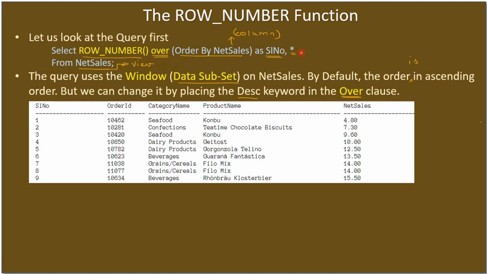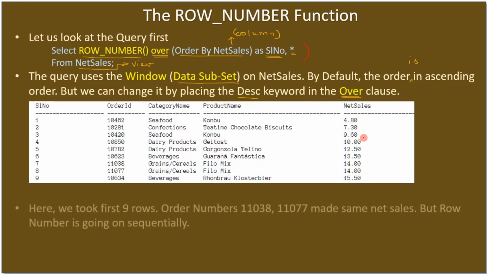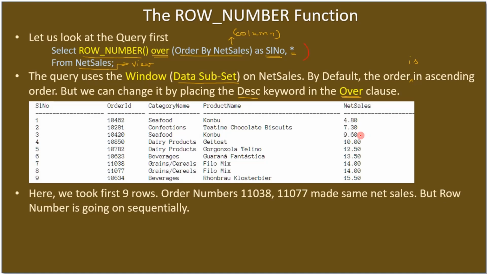Executing the above query will produce the result as shown here. The screenshot shows you the first 9 records. Order number 11038 is one order number, we take it for example.